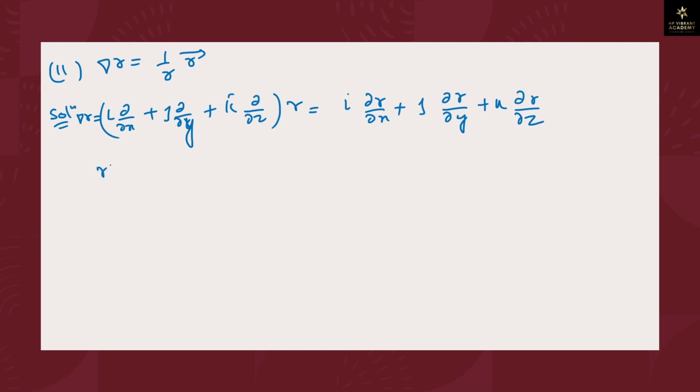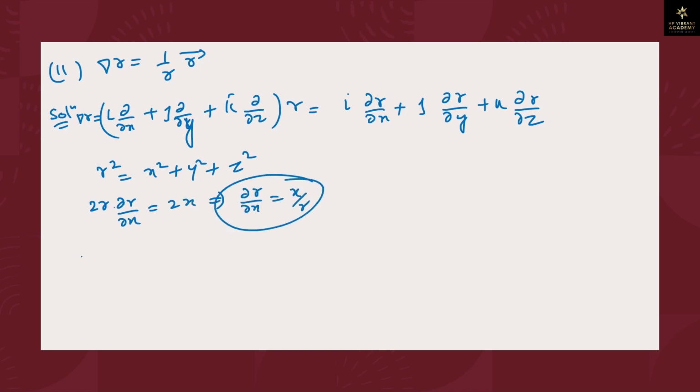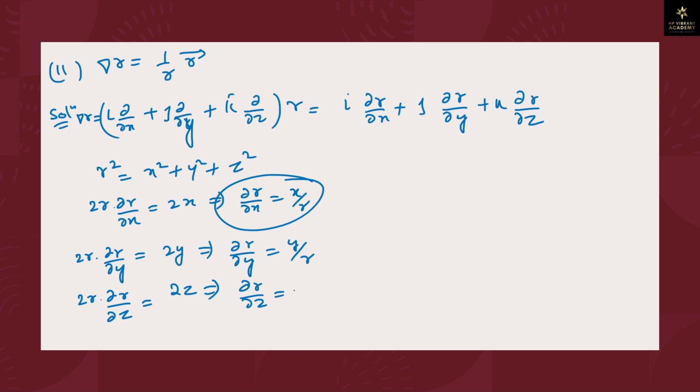We have r square as x square plus y square plus z square. Differentiating with respect to x, 2r into del r upon del x is equal to 2x, so del r upon del x is equal to x upon r. Similarly 2r into del r upon del y is equal to 2y, so del r upon del y is y upon r, and 2r into del r upon del z is equal to 2z, so del r upon del z is z upon r.